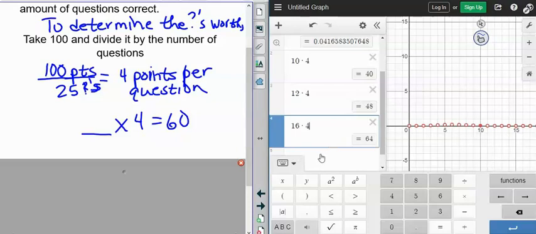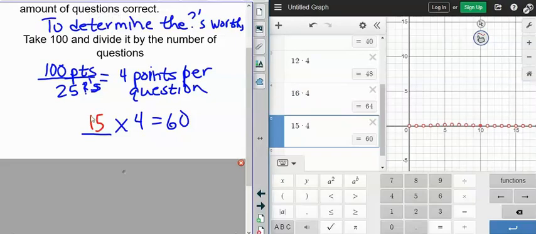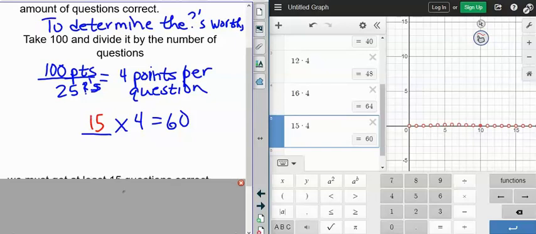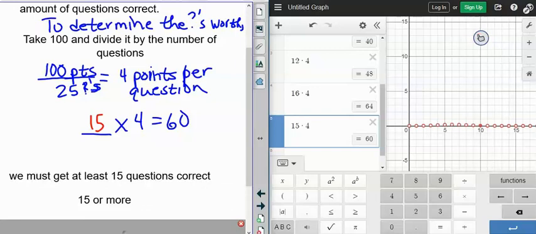That's above 60, so let's go down to 15. Trial and error. So 15 times 4 is 60. So we need to at least get 15 questions correct, 15 questions or more, in order to be able to do this.